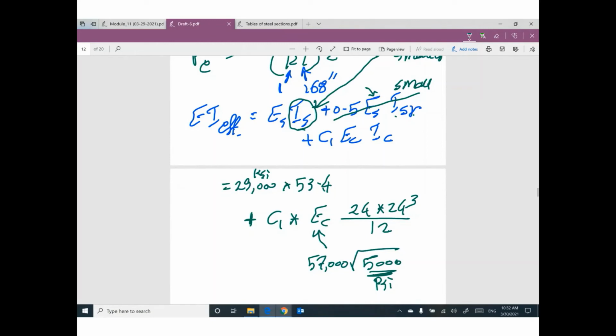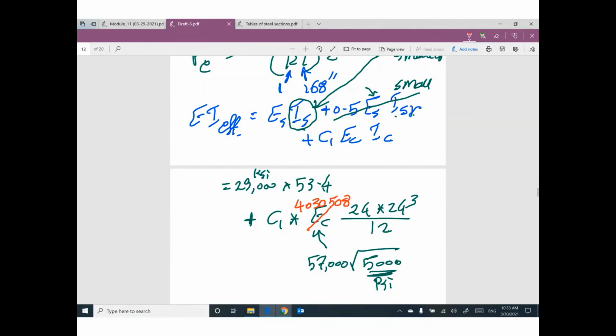So 57,000 times square root of 5,000. The E concrete value looks like 4,030,508 PSI.